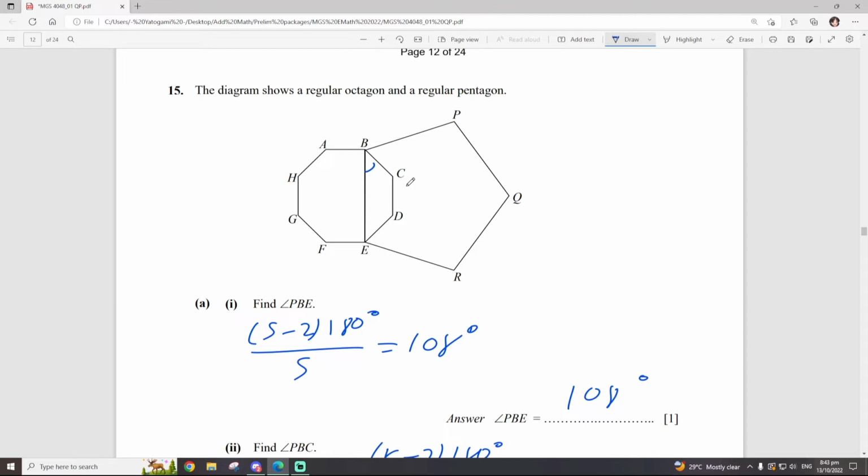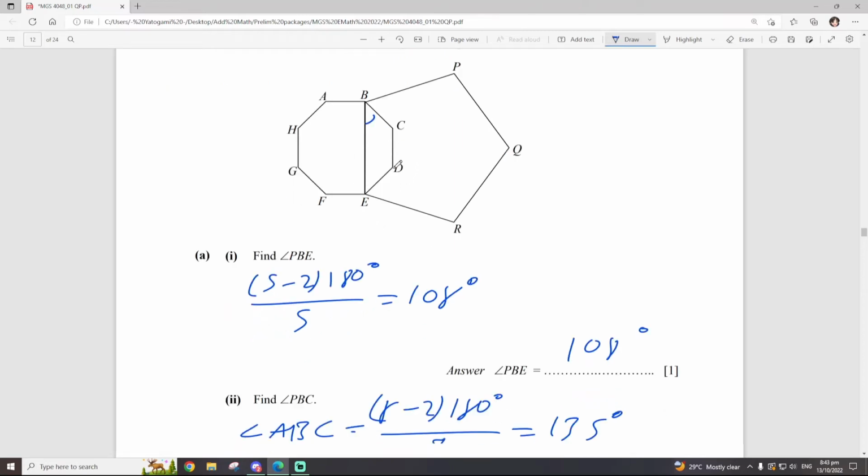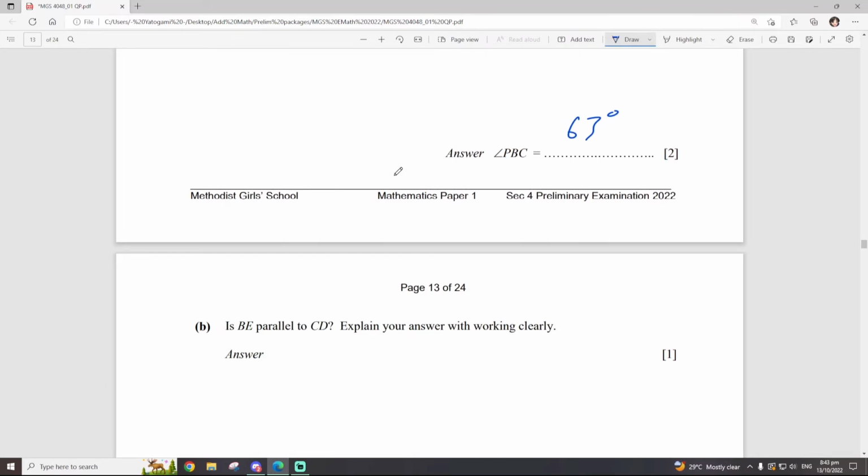Probably something about interior angles. Interior angles are equal. Oh, actually, BCD is 135 degrees, right?